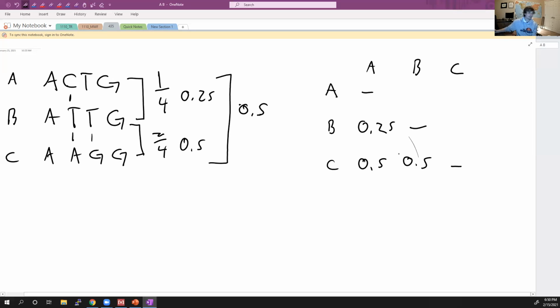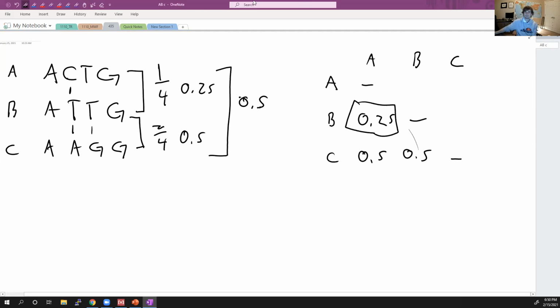Even just based off of this, we can see that A and B are more similar to each other, which suggests that they share a common ancestor more recently than either does with C. So C is going to be an ancestral lineage, and A and B are more similar to each other.